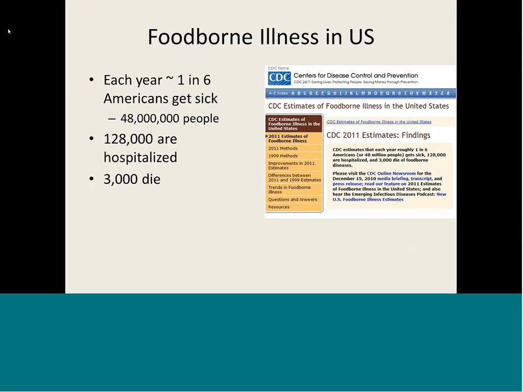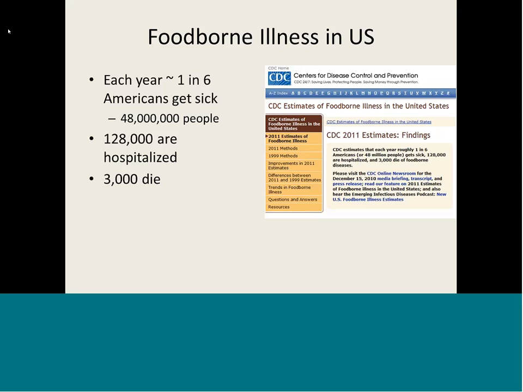What I would like to do is take a couple of minutes, because we probably all come from a lot of different backgrounds and have different interests in food safety. So I'd like to provide just a little context for what we're going to be doing this morning. Foodborne illness, and I'm using the United States as an example, is a very serious problem.